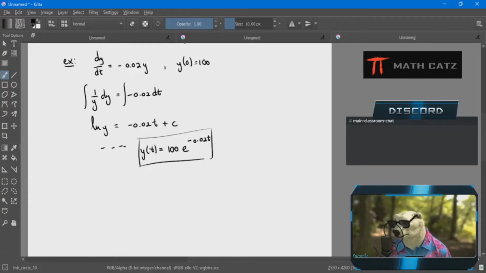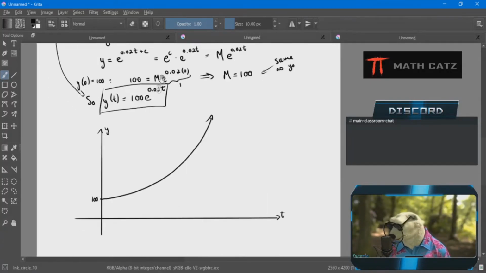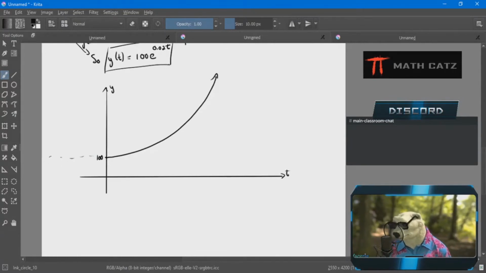So my function is still an exponential function, but now because of this negative in front of my independent variable, I know that the basic exponential graph, which of course continues on the left, is now going to be reflected in the y-axis.